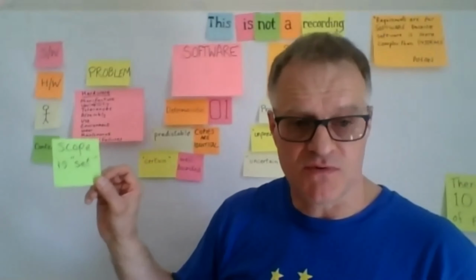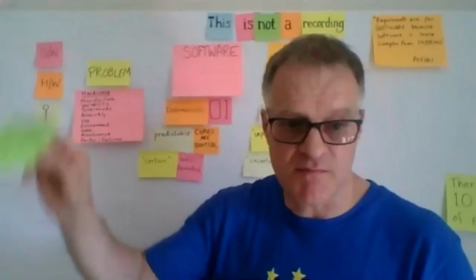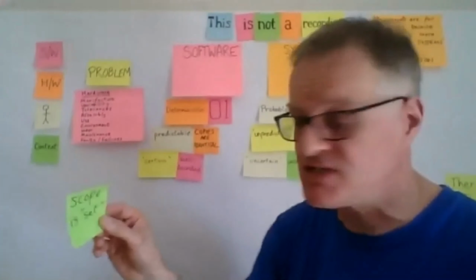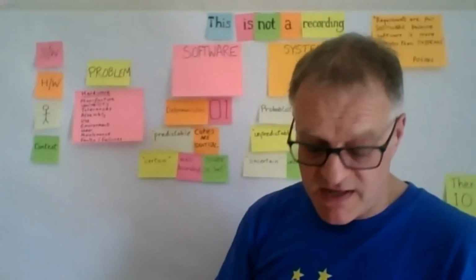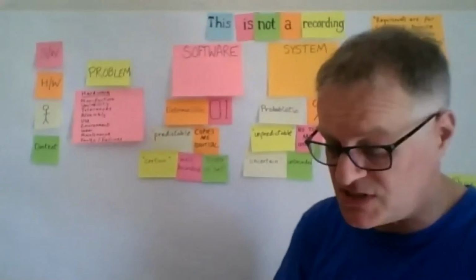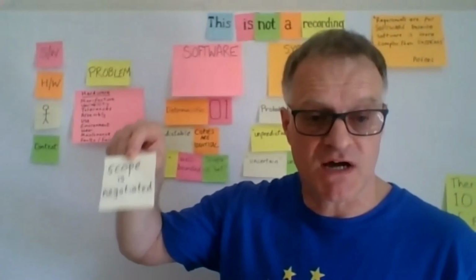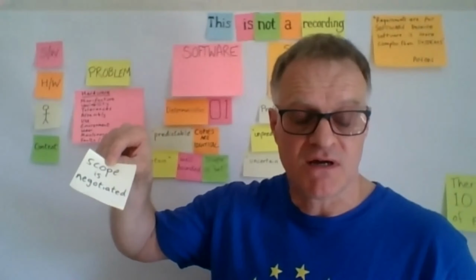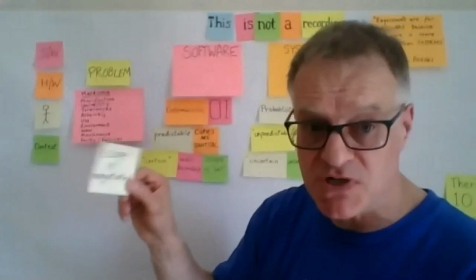We decide what we're doing in software, and having decided that, we take inputs, we do stuff in software, and we produce outputs. The boundary is clear, the scope is set. In hardware and in systems in general, scope is often negotiated. You might start with an idea of what the scope is likely to be, but during the course of a system development, it tends to be negotiated. It's much less clear.